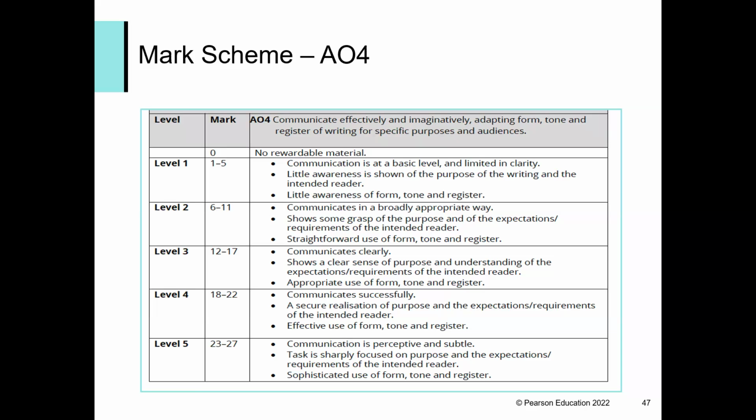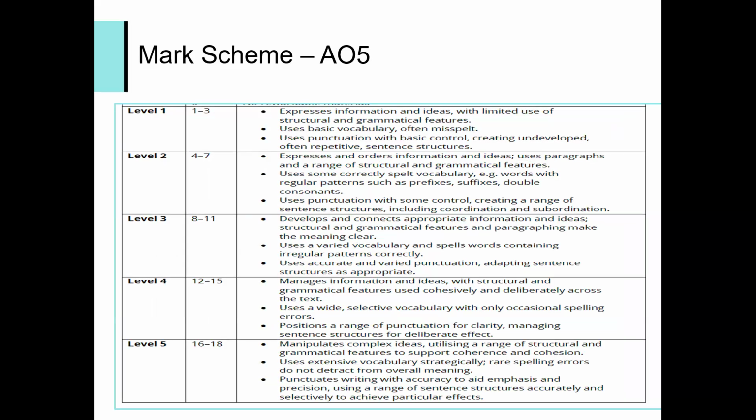So that's the communication assessment objective. And then we go on to AO5, which is how the candidate has expressed themselves. We can see there that the first one is about expression. I'll leave you to read through how those move up: orders, develops, connects, manages, manipulates. And then the second bullet point is about vocabulary: basic, some, varied, wide, selective, extensive, as we go up through those levels.